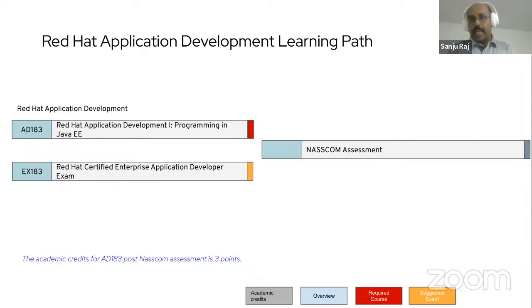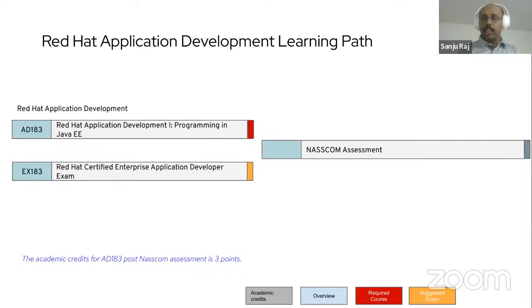As for global recognition, we have a separate certification exam, titled EX183, Red Hat Certified Enterprise Application Developer Exam. This exam tests your skills on deploying Java enterprise applications onto the EAP server.